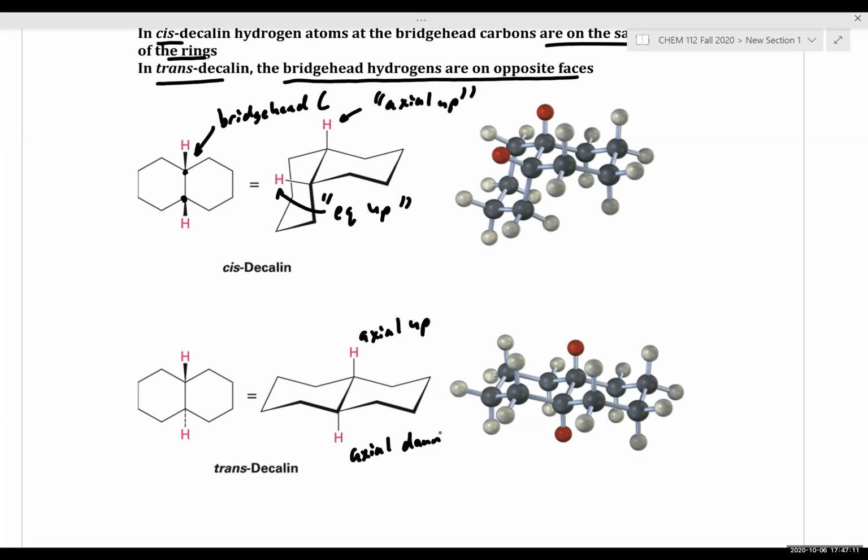Just like any cyclohexane system, cis and trans decalin can and will undergo ring flips. So let's look at how cis and trans decalin undergo changes in conformation as they undergo a ring flip.